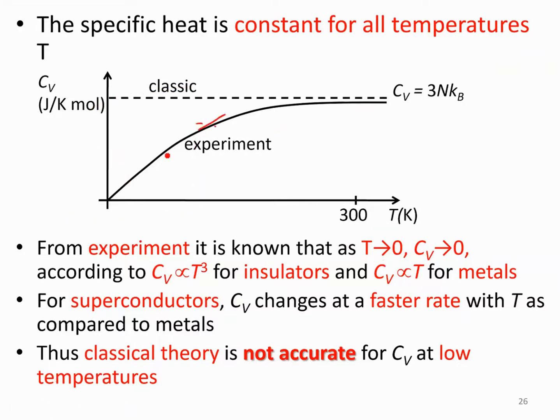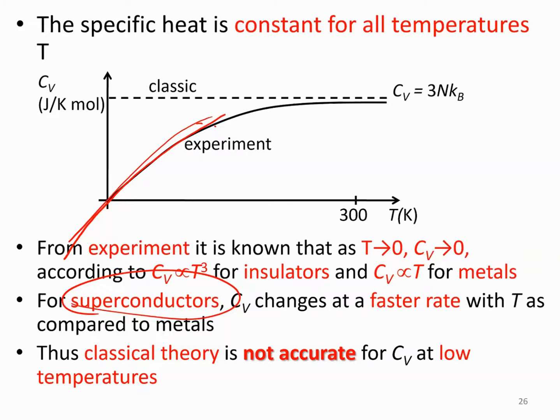So you can see the specific heat capacity also goes to 0, according to the relation that CV is proportional to T to the power of 3 for insulators, and CV is proportional to T for metals. For superconductors, the CV will change at the fastest rate with T as compared to metals. I'm not sure whether you know what a superconductor is, but if you are from the pure physics program, then I will introduce you to this term in solid state physics too. It's a very interesting subject.